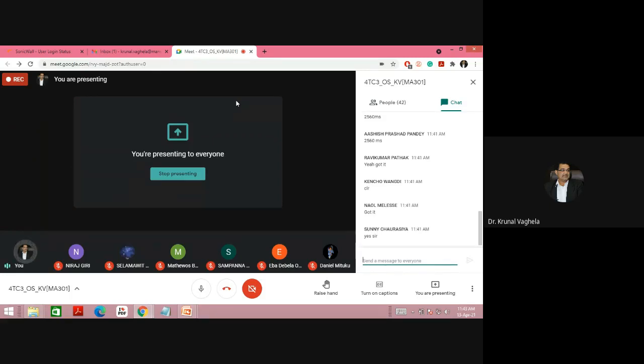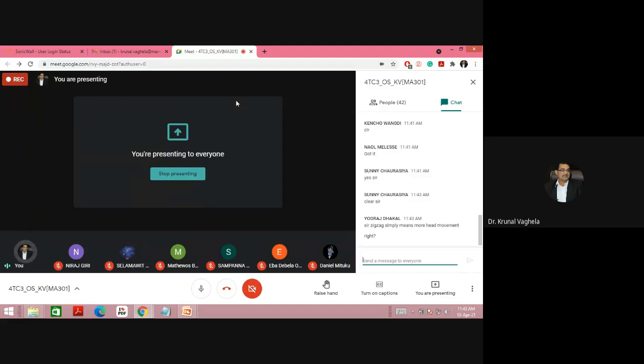It's just addition, so it will be easy. Yes, zigzag means more head movement. From left to right and right to left, left to right and right to left. It is zigzag.